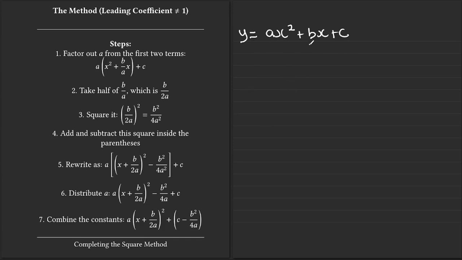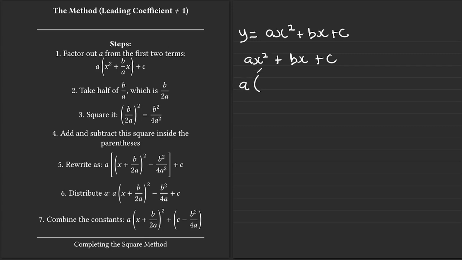The first thing you want to do is to factorize your a from the first two terms. So our function is giving us ax squared plus bx and then plus c. Let's factorize this a out. We have our a.